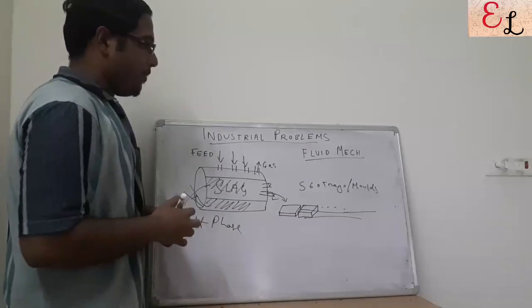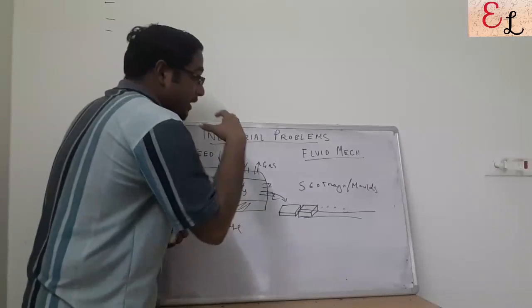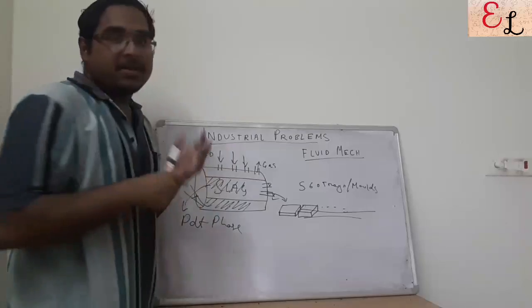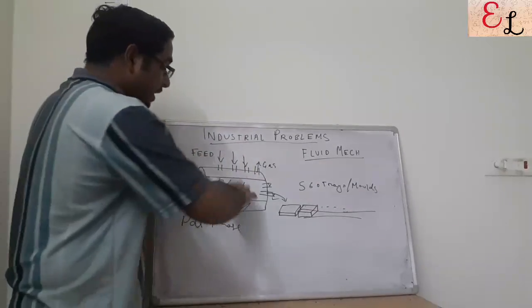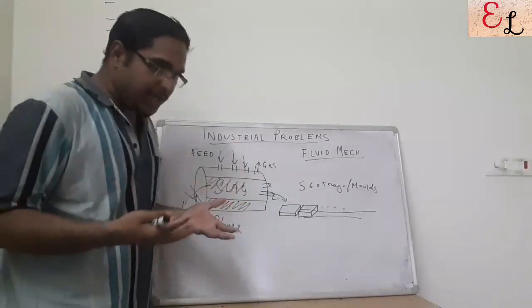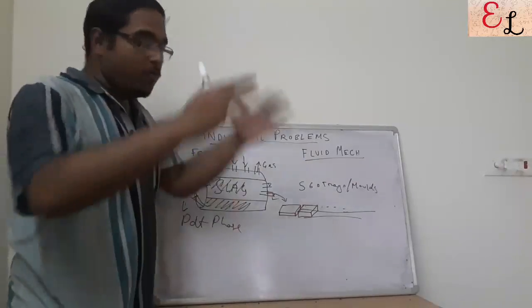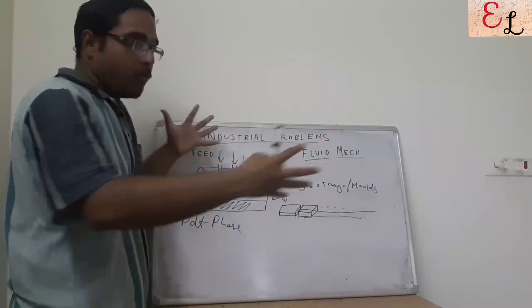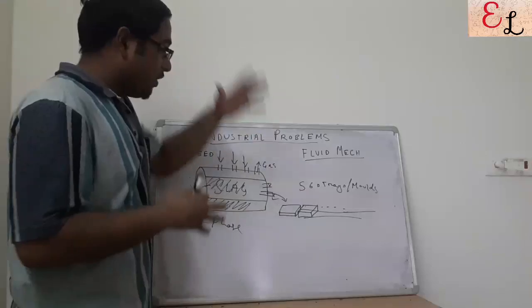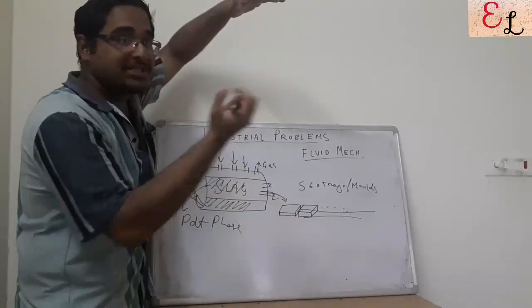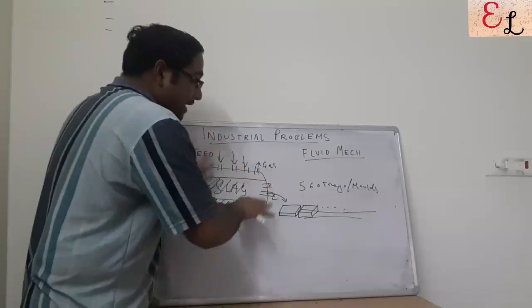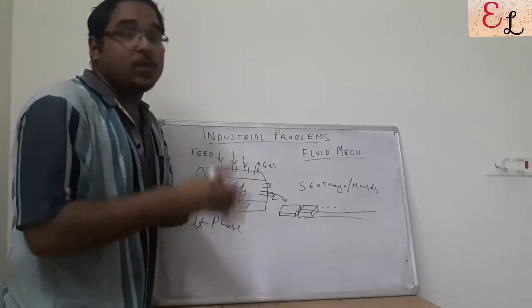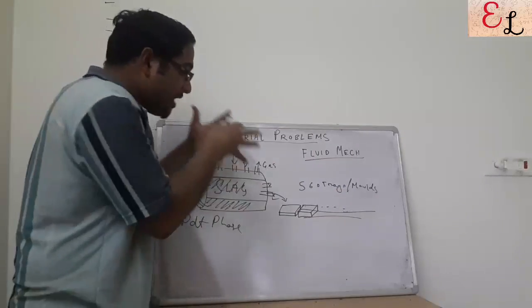Our problem was to increase the feed. As we increase the feed, the slag formation in those 2 hours will increase, more product phase will be formed, and this will correspond to a higher pressure at the slag tapping hole, and a higher pressure is associated with a higher flow rate.